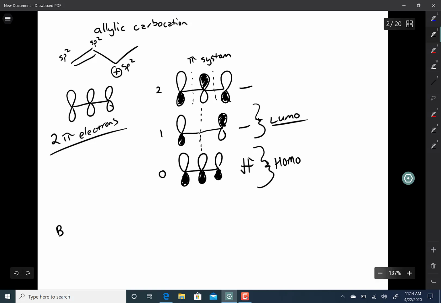Now, bromide itself is a nucleophile, an electron donor.